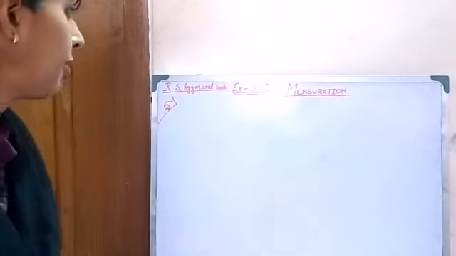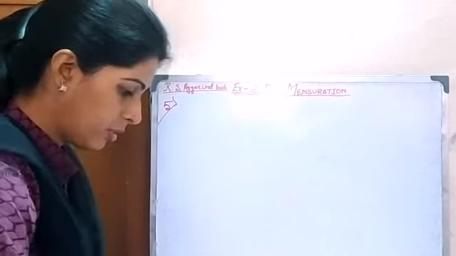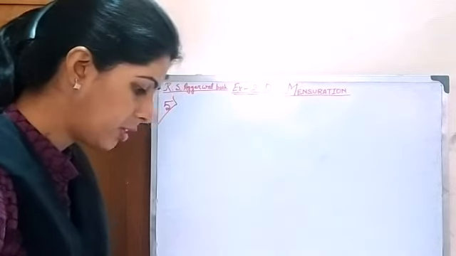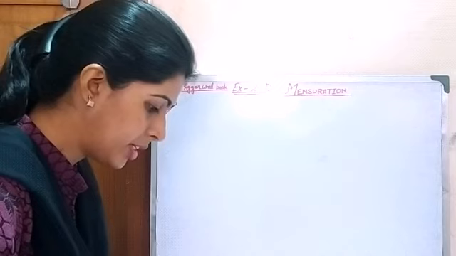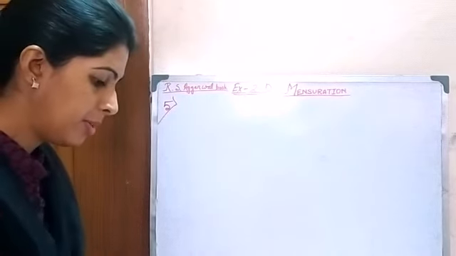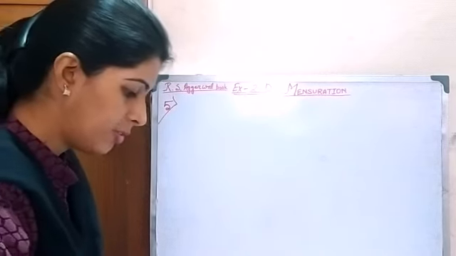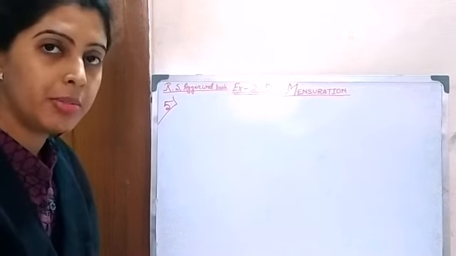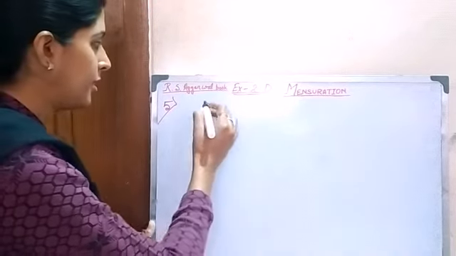Now come to question number 5. The base of a triangular field is 3 times its height. That means the base is 3 times the height.